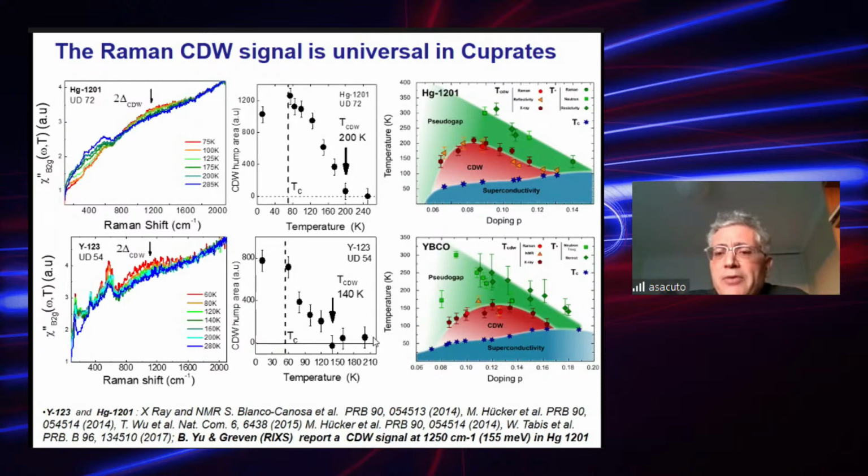These are two spots here, and it also fits pretty well with the transition temperature of the charge density wave from both NMR and X-ray diffraction, which makes us confident about the nature of this hump that we find in Raman spectroscopy to be the charge density wave signal.